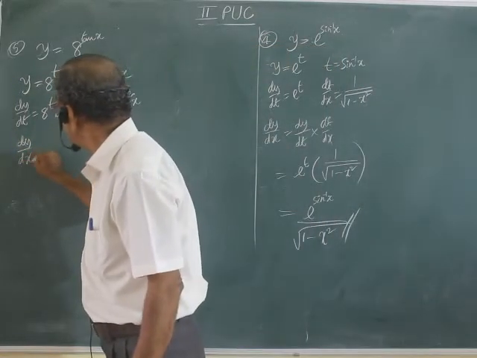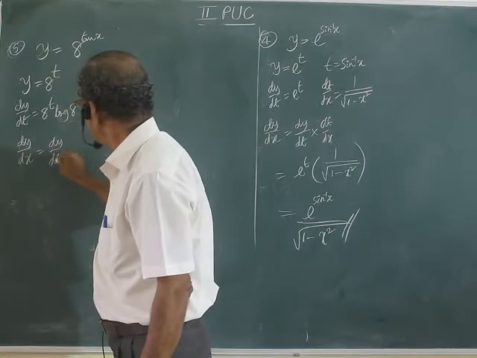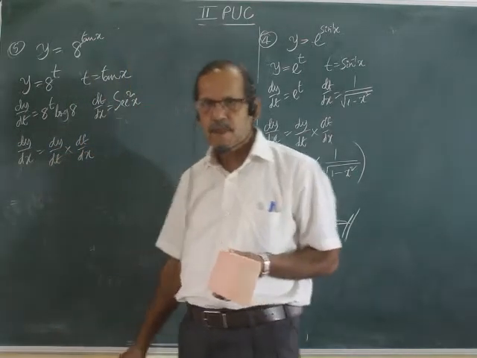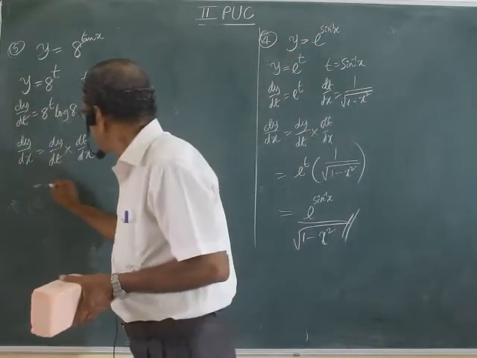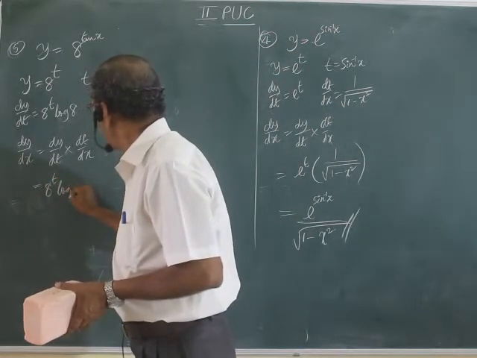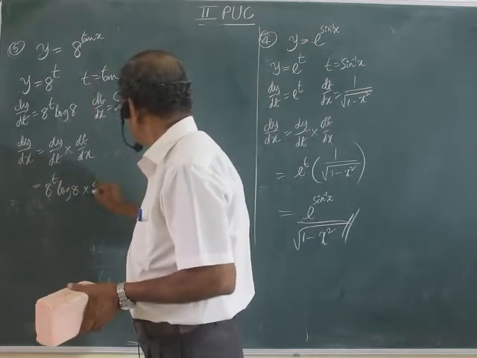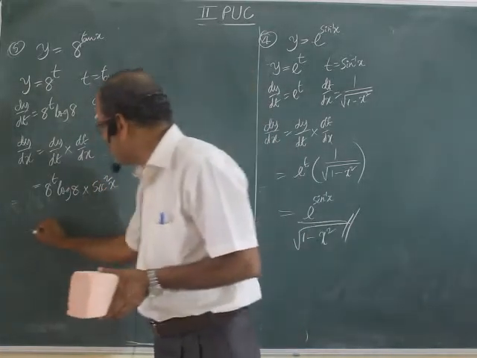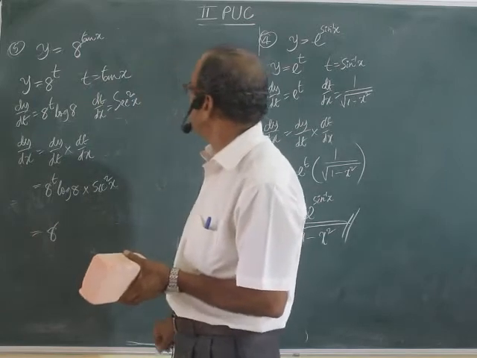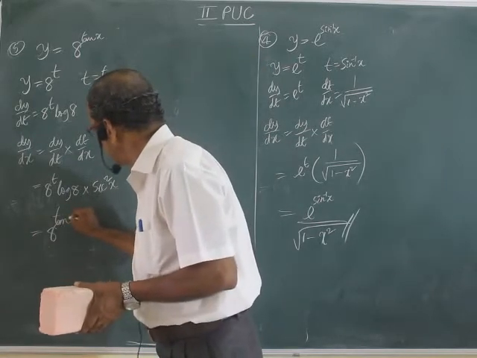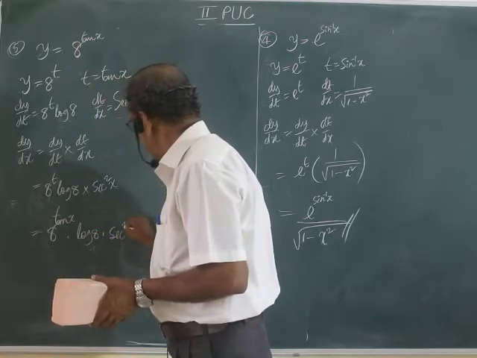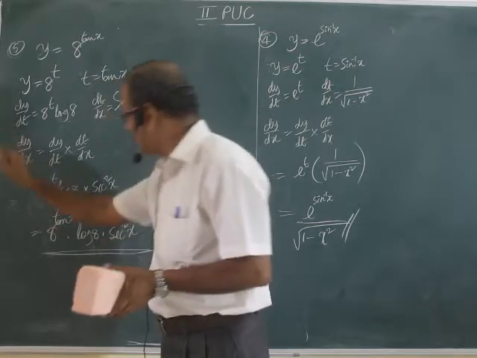Dy by dx is dy by dt into dt by dx. Or 8 to the power t log 8 into secant square x. Resubstitution of t, 8 to the power tan x into log 8 into secant square x. This is the final answer.